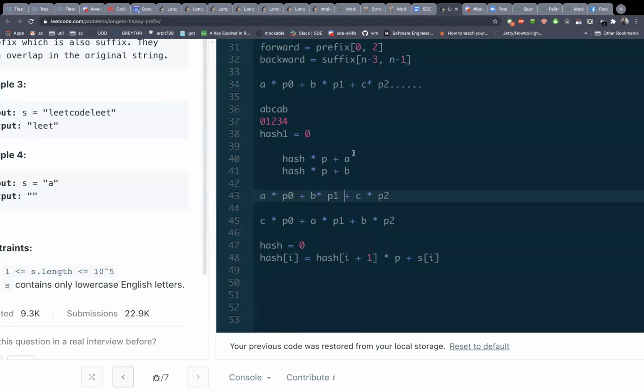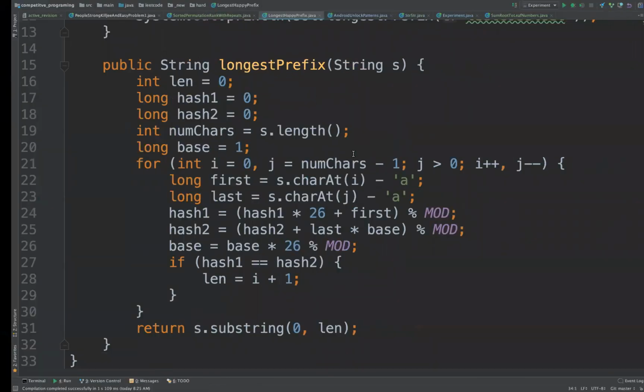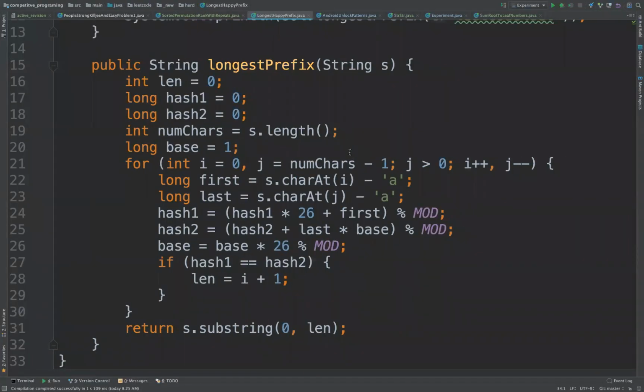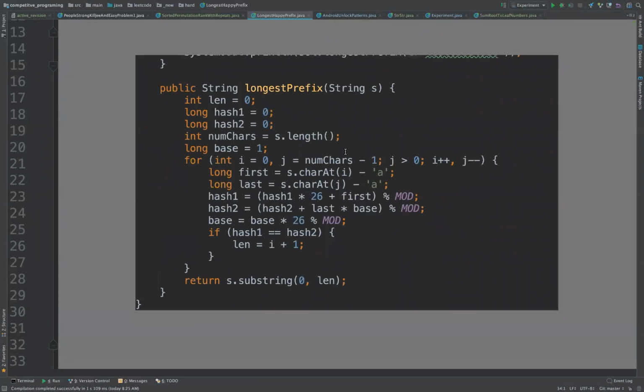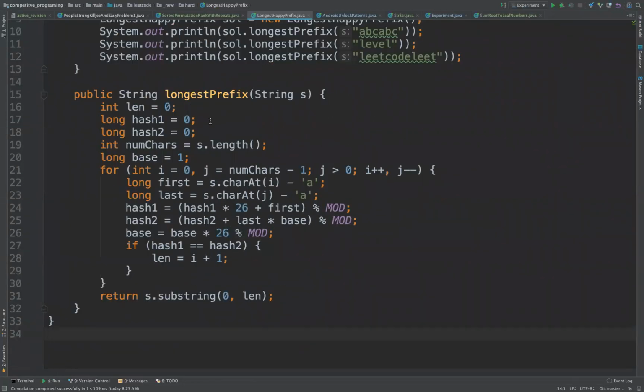So maybe we will quickly look at the code for it. We have simply taken 2 hashes, hash 1 and hash 2, and we find the first character and last character. We calculate the hash with the 2 approaches that we have discussed. In one we multiplied by 26, and in the other we add.